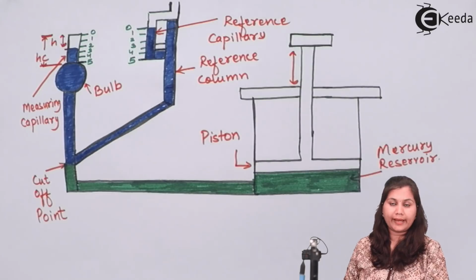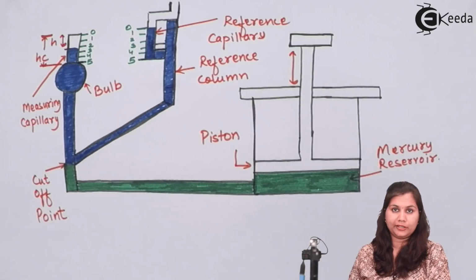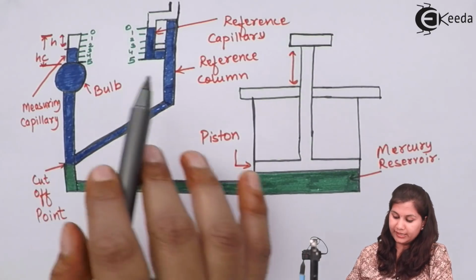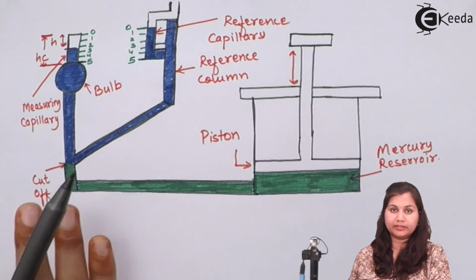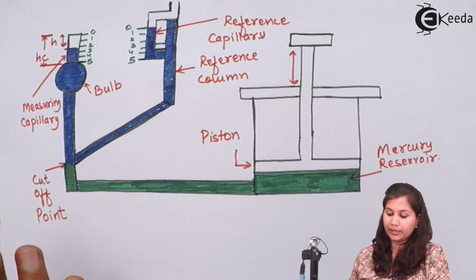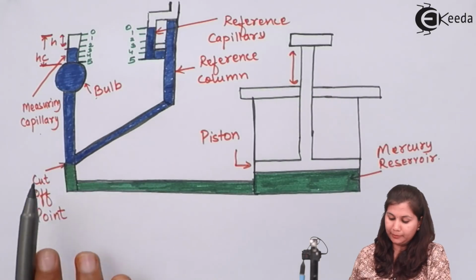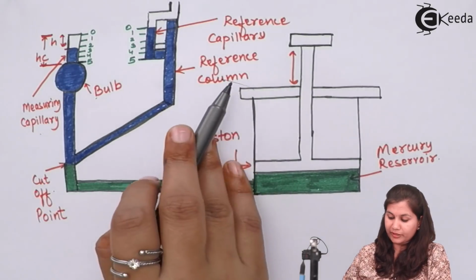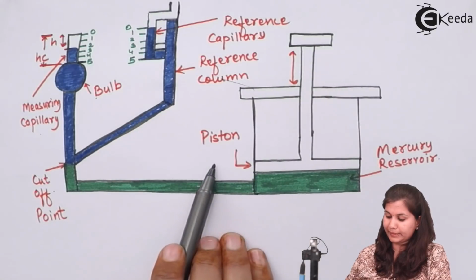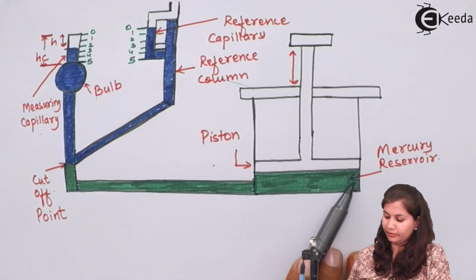So this is the diagram of the McLeod gauge. Here you can see in this diagram we are showing the different parts of the McLeod gauge. We have a measuring capillary, bulb, cutoff point, reference column, reference capillary, piston, and the mercury reservoir.